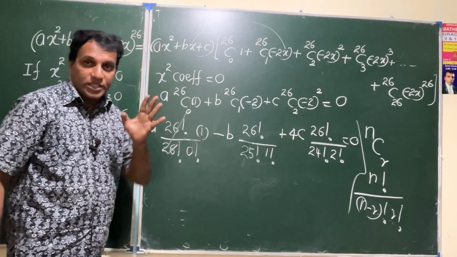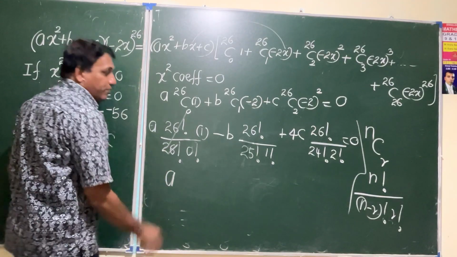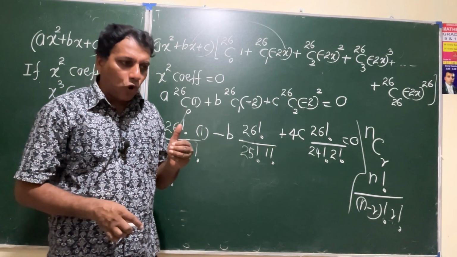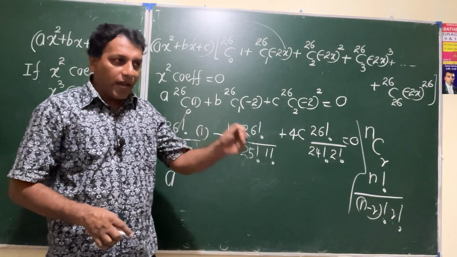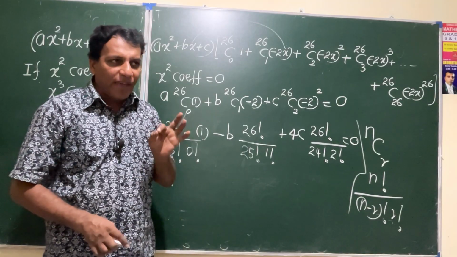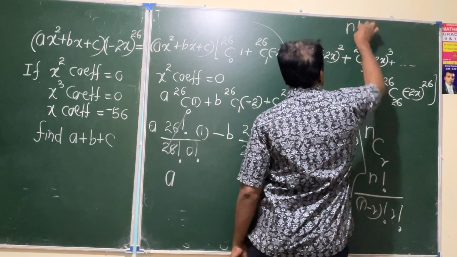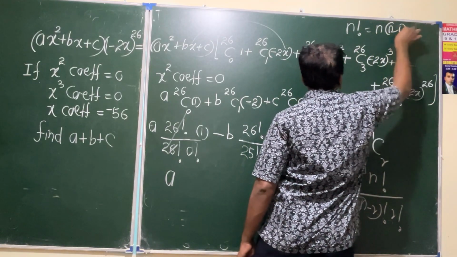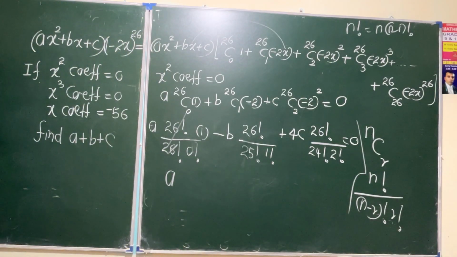Refer to my theory class of binomial theorem. You know n factorial can be shown as n into n minus 1, n minus 2, n minus 3 and so on till 1 at last. Otherwise, n factorial is n into the balance part factorial, n into n minus 1 factorial.